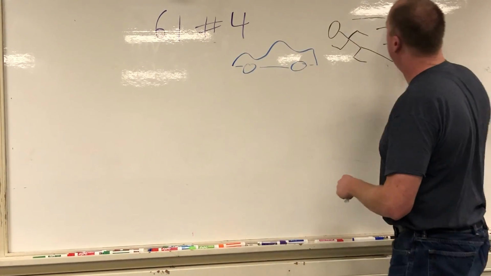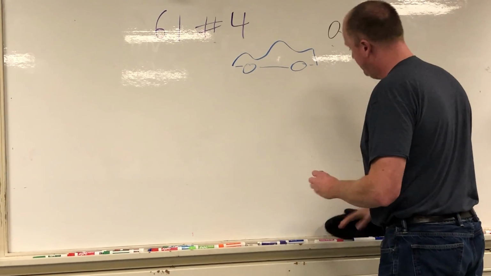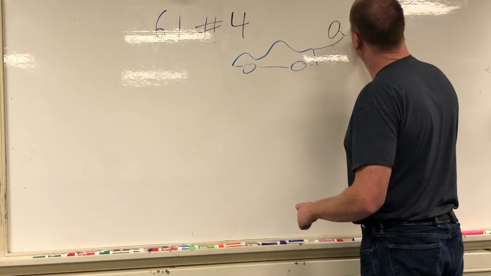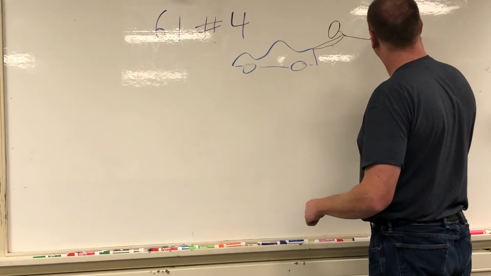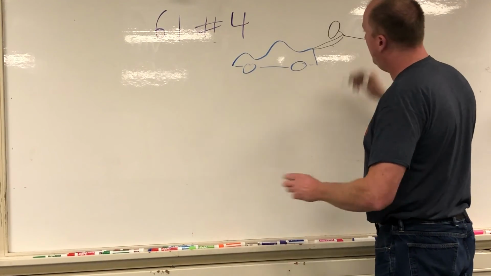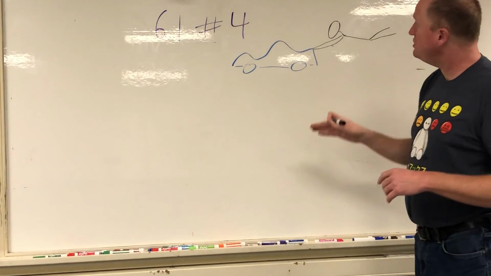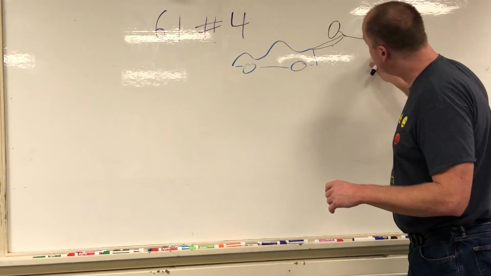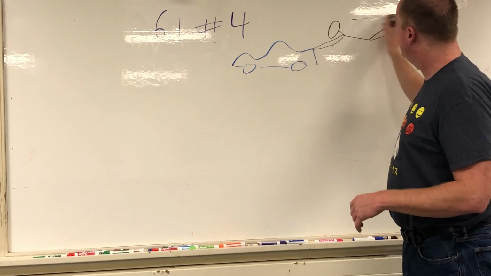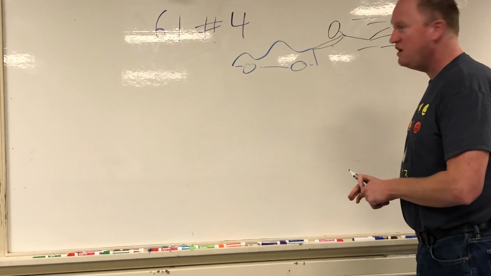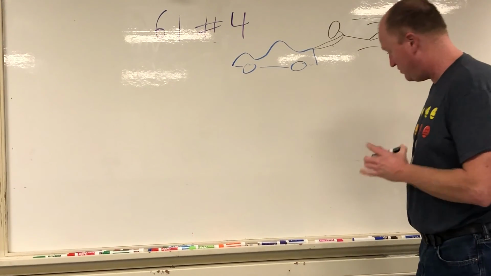Suddenly you're not running. You're flying along at your car's max velocity. So, the question is, how much impulse was required to get you from your max running velocity to your max driving velocity? Well, we're going to find out.